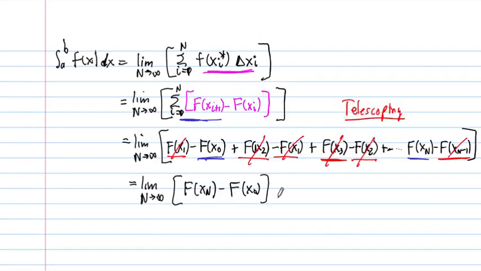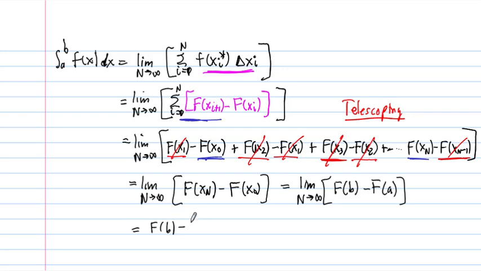So when we plug these in, we end up with the limit as n approaches infinity of the difference between these two constants, f of b minus f of a. And as we know, the limit of a constant is a constant, so this limit is just f of b minus f of a.